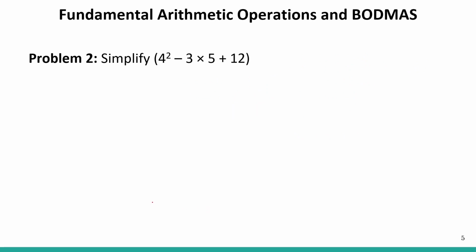Problem number 2: simplify 4 square minus 3 into 5 plus 12. We look for brackets, and there is one, so we simplify it further: 4 square minus 3 into 5 plus 12.